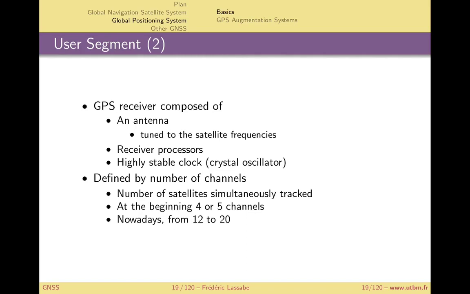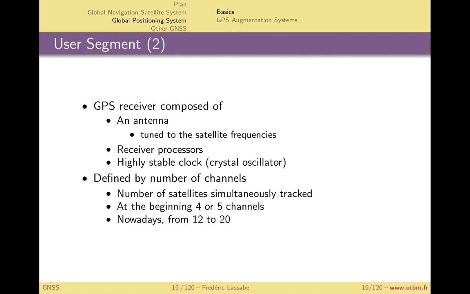The receiver has a processor to compute its location, and a highly stable clock, which is based on a crystal oscillator, which is far less precise than the atomic clocks of the satellites, but which synchronizes itself with the n-lateration computation that we'll see at the end of the lectures.